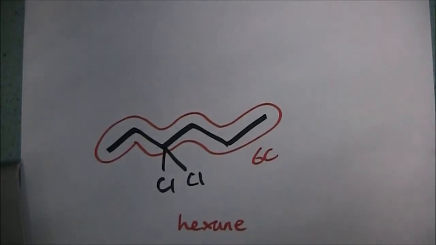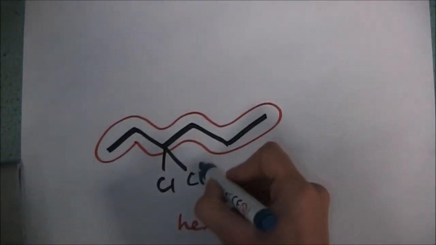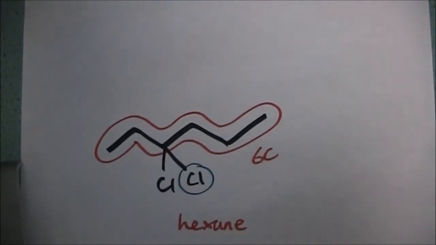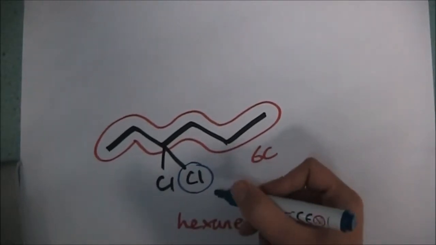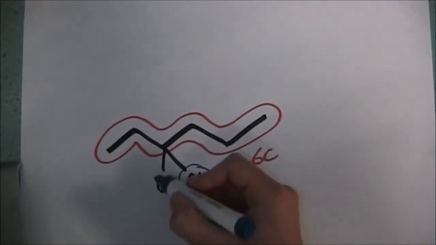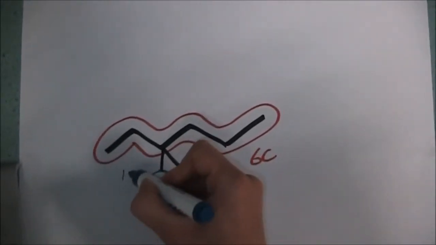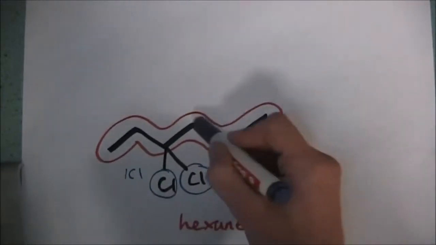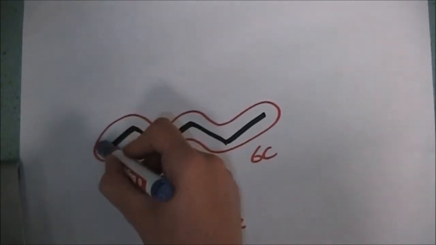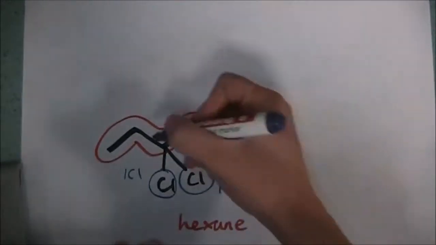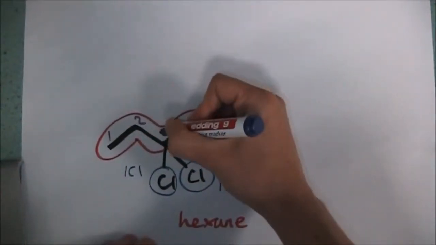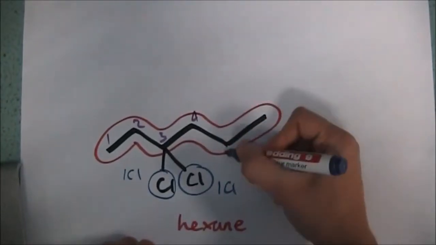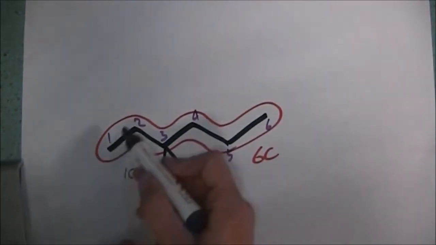And this time we have a chlorine atom there, and we have a chlorine atom there. And 1, 2, 3, 4, 5, 6, or 1, 2, 3. So we're going to go with 1, 2, 3 because 3 is lower than 4.